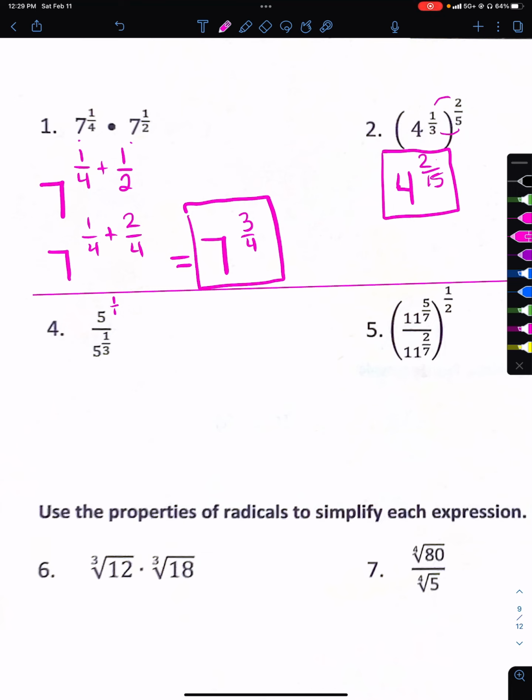So when we have a quotient of powers, we subtract the exponents. So I have 5, 1 over 1 minus 1 over 3. Now they need a common denominator, so their common denominator will be 3. So that's 5 to the 3/3 minus 1/3. And that simplifies to 5 to the 2/3 power.